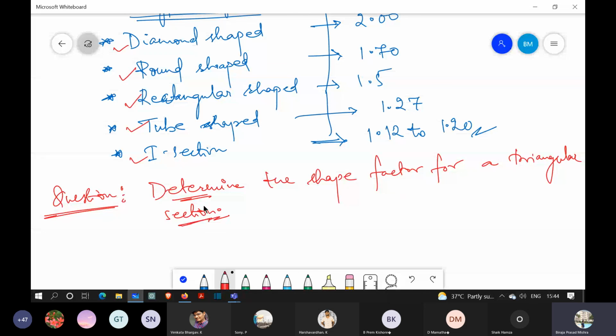Tomorrow I will give you the shape, whether it is an equilateral triangle, an isosceles one, or a right angle triangle. That we will discuss in the next class. Now, any doubts you have till now?